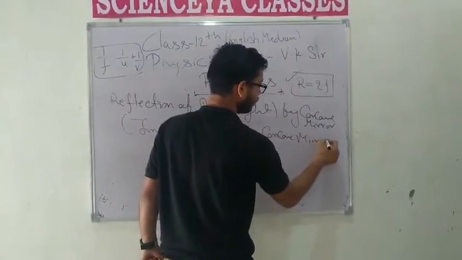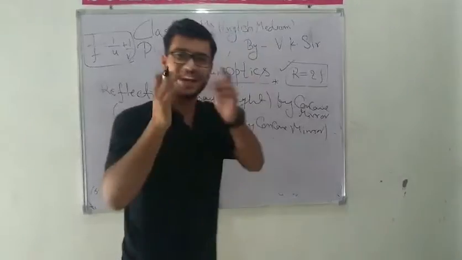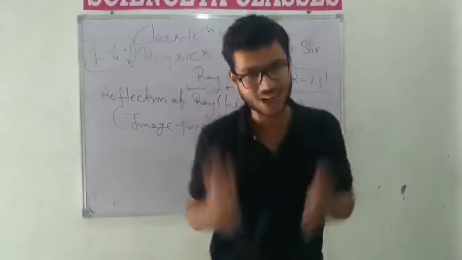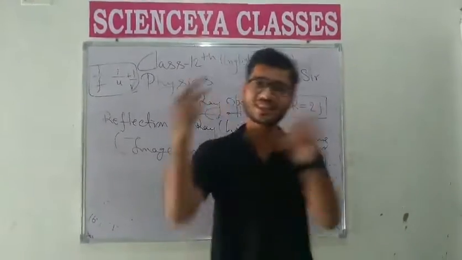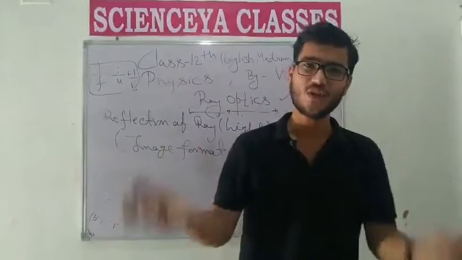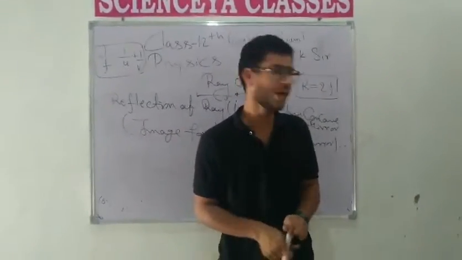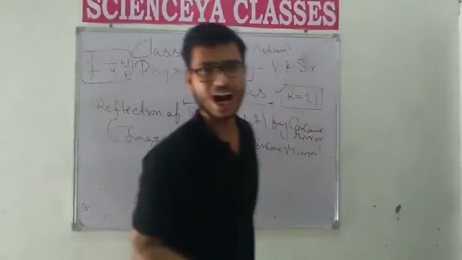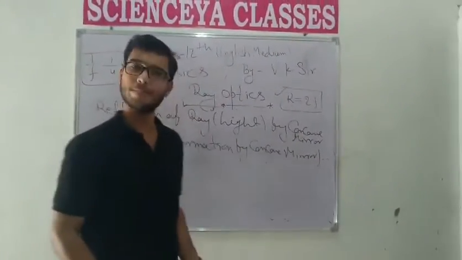Okay student, because when the ray of light is reflected by the surface of a concave mirror, then the image is formed. Okay student, so now we start image formation by concave mirror.